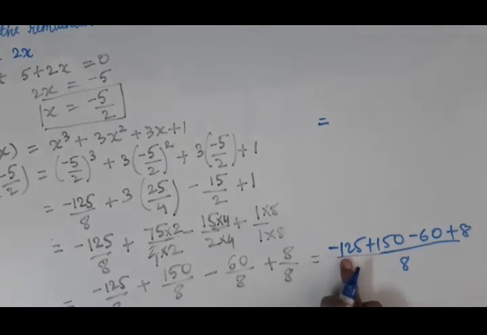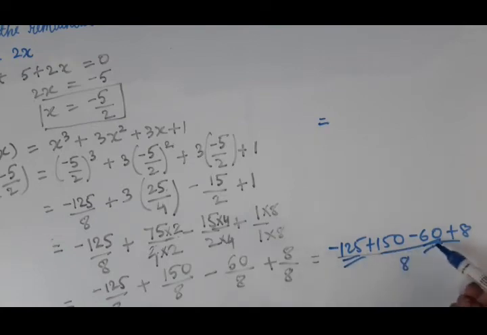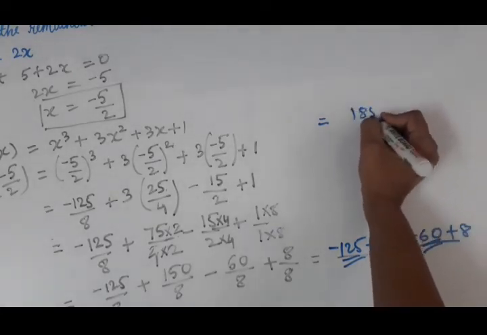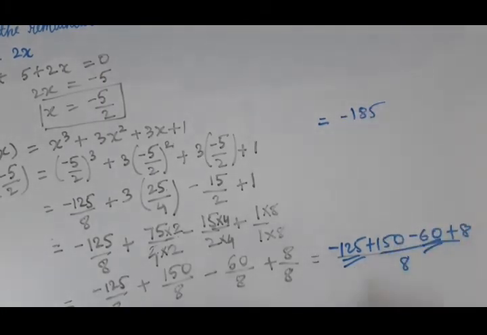So minus 125 minus 60, these two terms have the same signs, so you will add: 125 plus 60 will be 185, but it will have a negative sign because both numbers are negative.